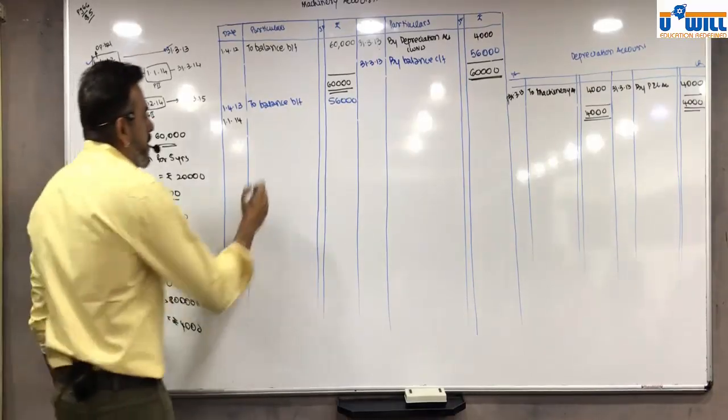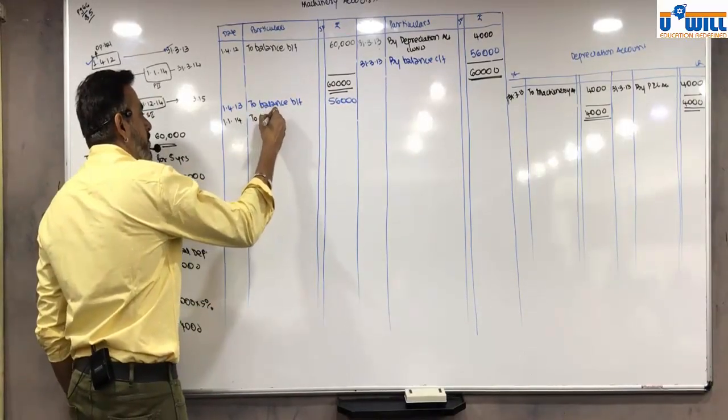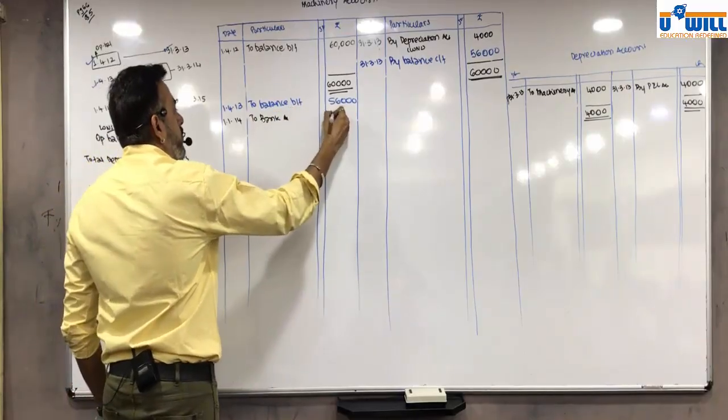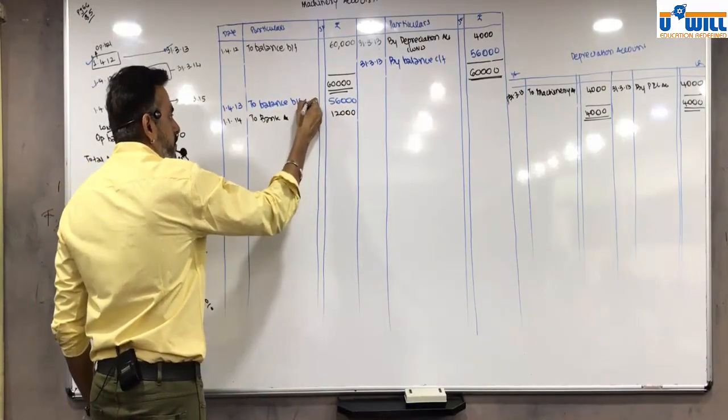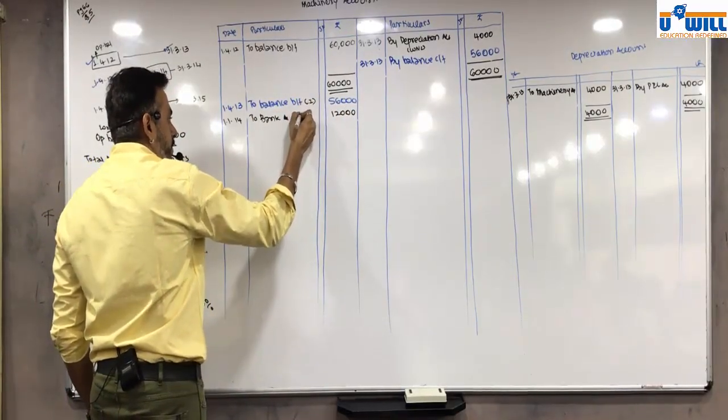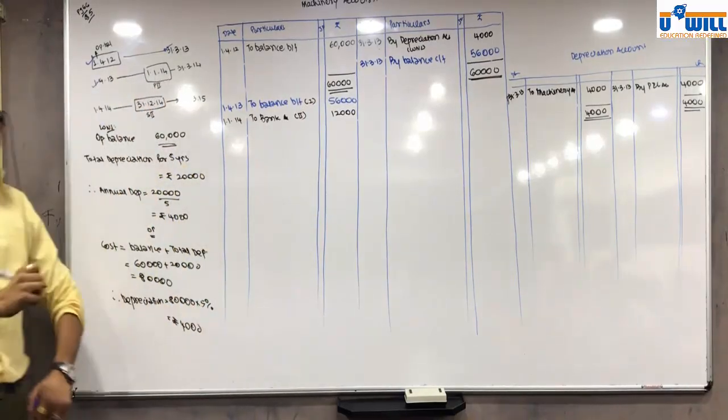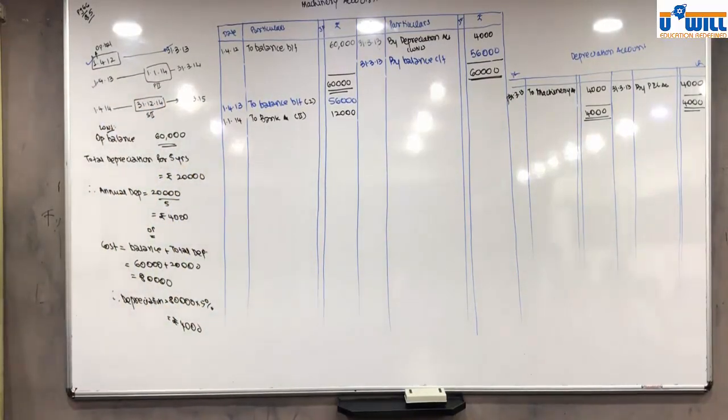For 12,000, so to bank account 12,000. So we now have machine 1 and machine 2. Write this in brackets for understanding. Even if you don't write it, the answer will come, but if you write it, conceptual understanding will develop.